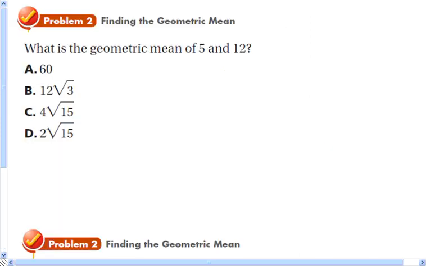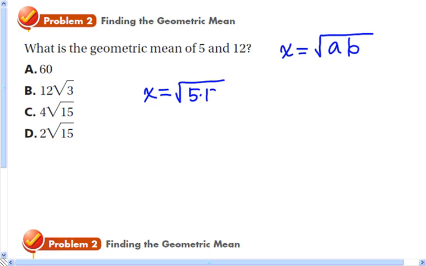So now just finding the geometric mean. Remember, the geometric mean is the square root. So let's say x is our geometric mean. That's the square root of the 2 numbers that surround it, multiplied. So for the geometric mean of 5 and 12, we'll call it x. It is just the square root of 5 times 12. And that comes from this.